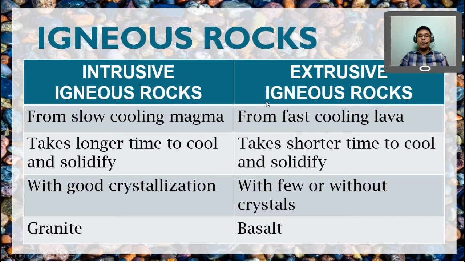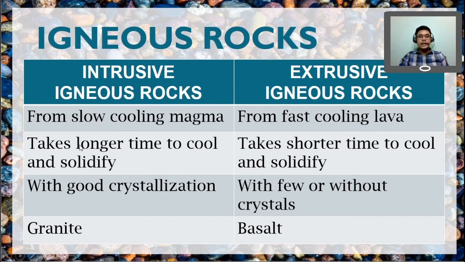On the other hand, the extrusive igneous rock is from fast cooling lava, the magma ejected or expelled. It is fast because it is already outside, already lava, so it cools down faster. While for the intrusive igneous rock, because the magma is inside, the temperature is still high, so it really takes a longer time to cool and solidify.